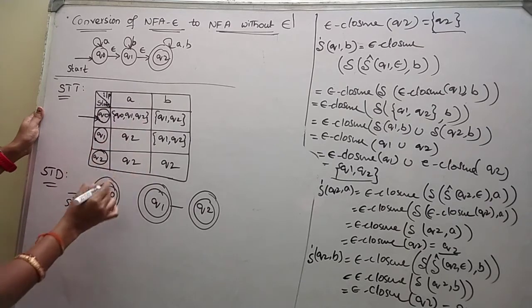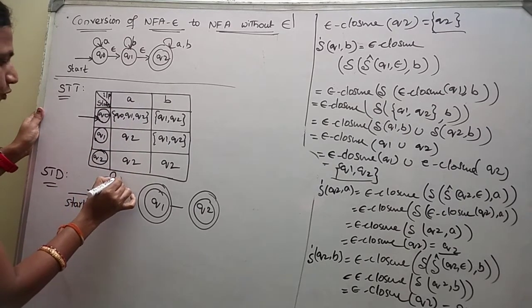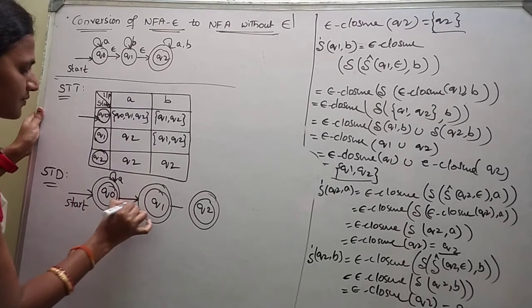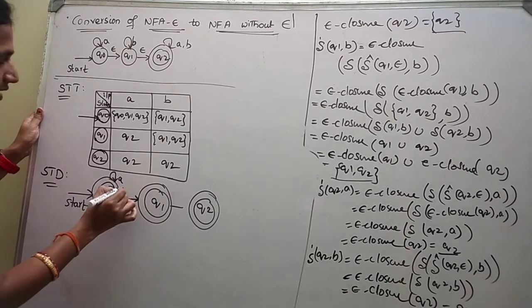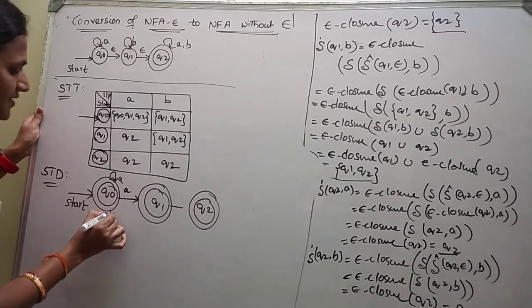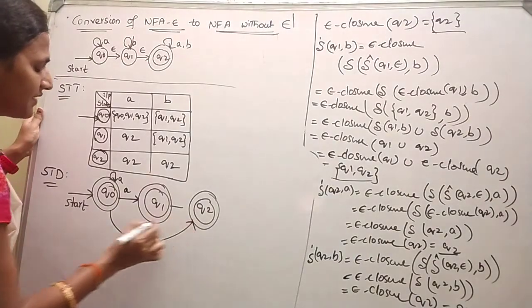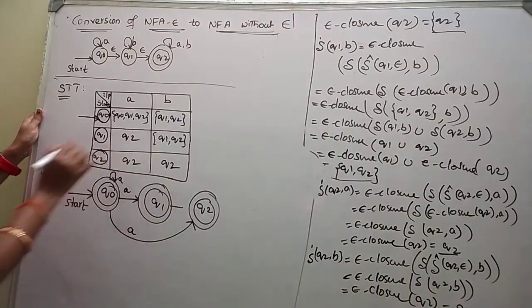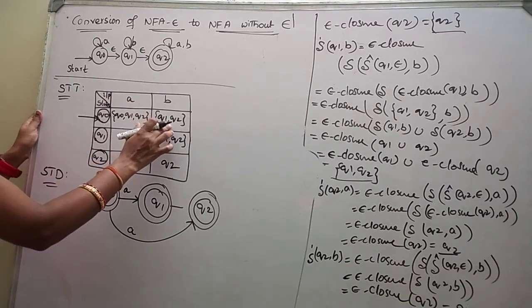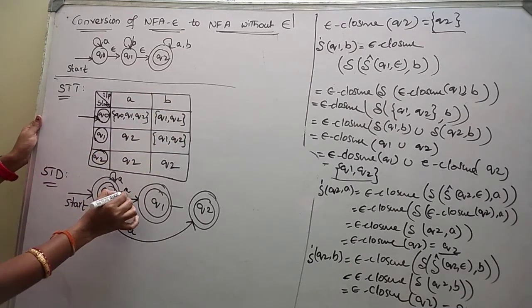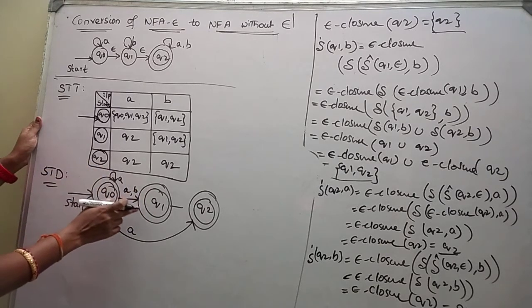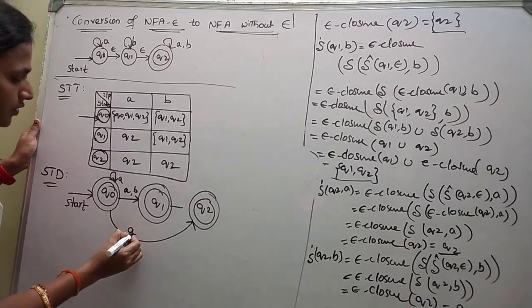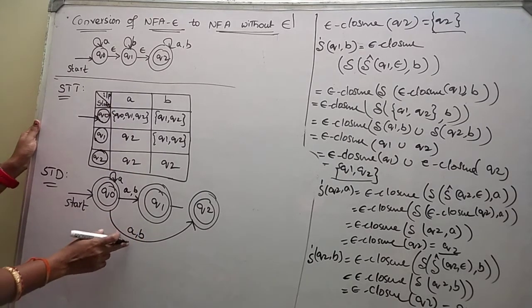Q0, Q1, Q2. So that is a self loop on A. With respect to state Q0, we take transitions by getting input symbol A. What about Q0 with B here? Q1, Q2. Here we can write Q0 of B is Q1 and one more, Q0 to Q2 by getting input symbol B.